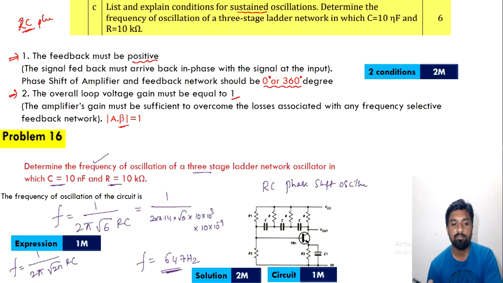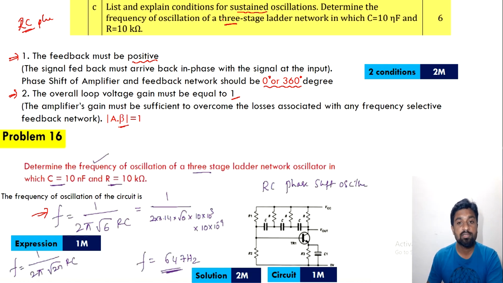The second half will be a problem. As far as the 3-stage ladder network oscillator is concerned, we need to know the expression. First we need to write the expression as f is equal to 1 divided by 2 pi root 6 into RC, and they have given it as 3-stage. If they had given it as 2-stage, the expression is 2n, n is 2, 2 into 2 is 4, so root 4 comes into the picture.